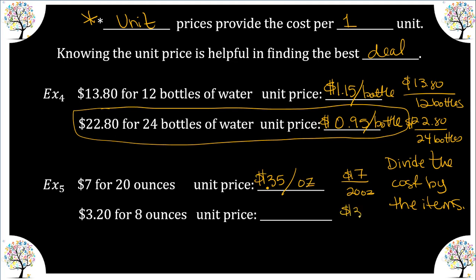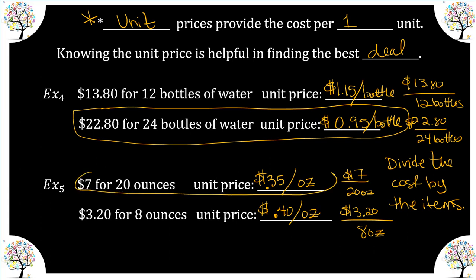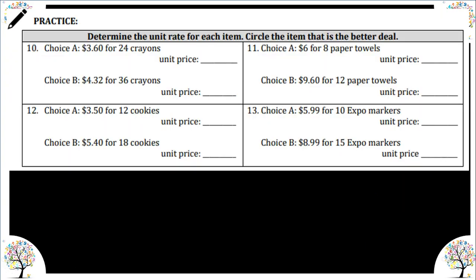We have $3.20 divided by the 8 ounces, and the unit price is 40 cents per ounce. So choice 1 is the better deal. So that is unit price. So practice these problems, setting up your ratios for each and get that unit price and then indicate which choice is the better deal.